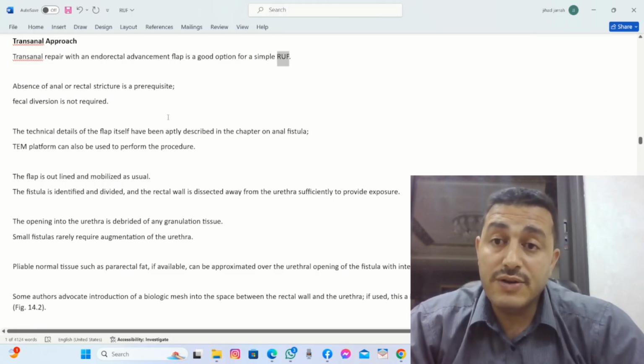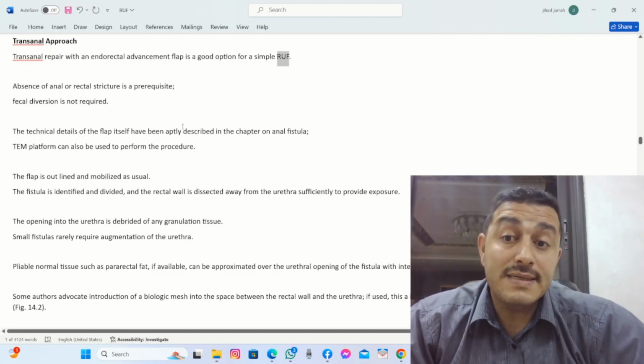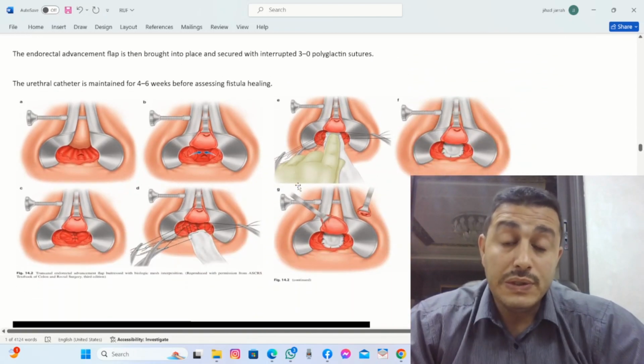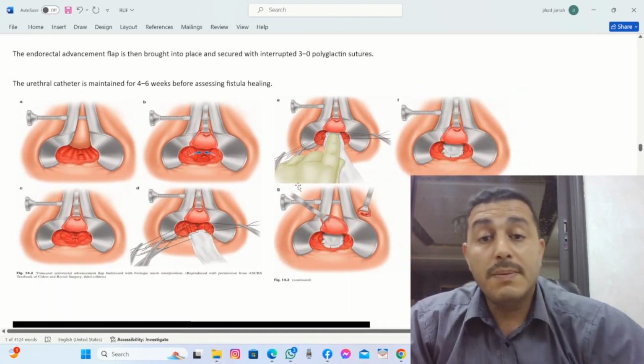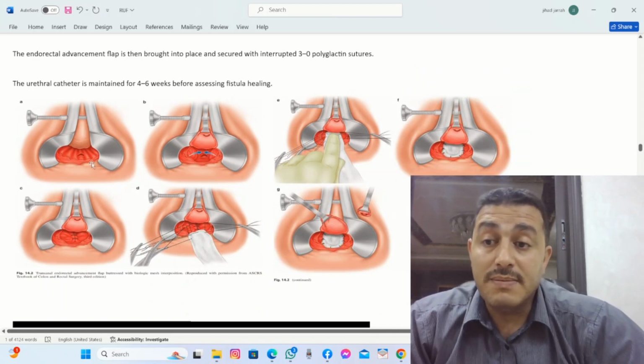This is the preferred option, and in other words, this is the endorectal advancement flap. We talked about it when we talked about the management of anal fistulas, and actually it's extremely simple.